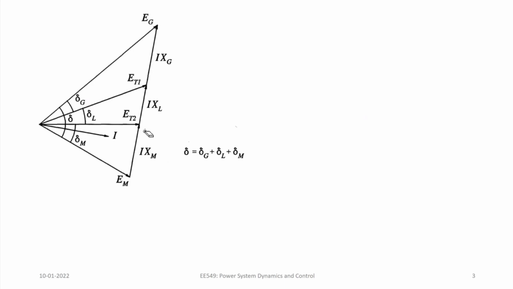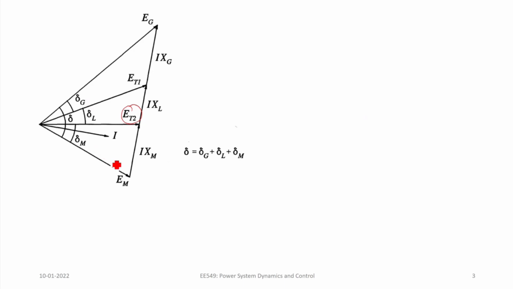With respect to ET2, if we plot the other phasors, of course, we'll find ET1, then EG, and EM also, right?